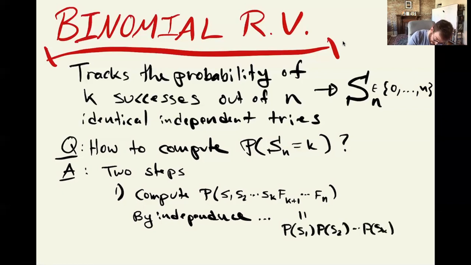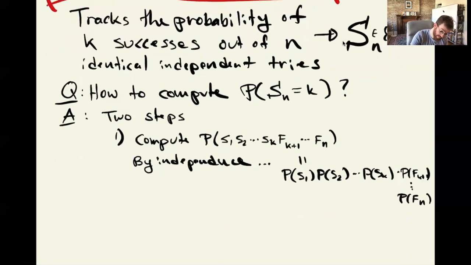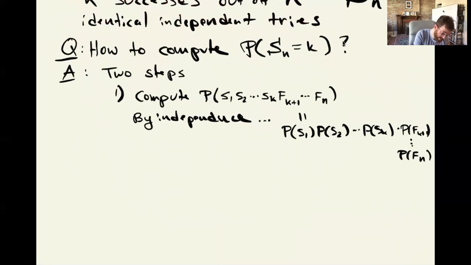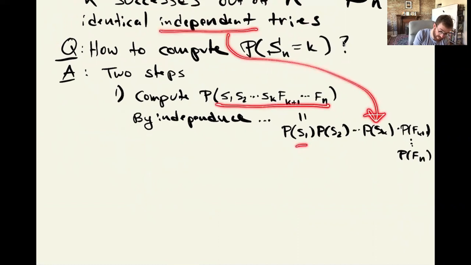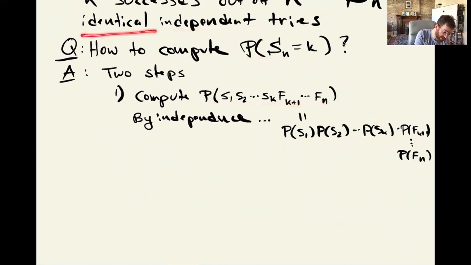And then we need to multiply by the probability of failing, F(k+1) times up to the probability of Fn. Now, the assumption that each of these trials were independent was used here to turn this AND statement into a product. But this issue of identical just says that each success was equally likely and each failure was equally likely.